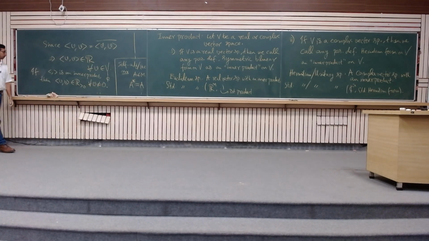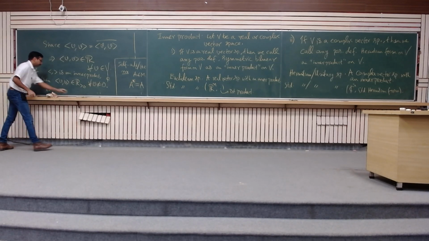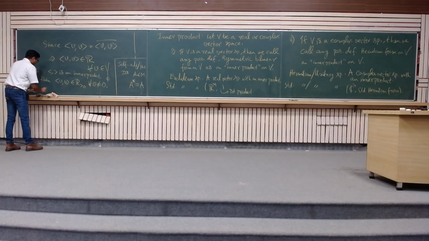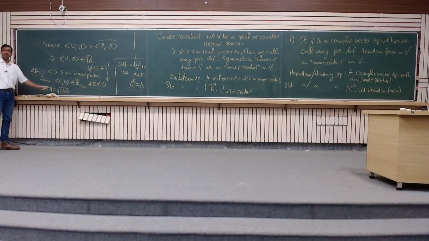So we may define the norm of V as the square root of this. Now the question becomes: why square root, why not cube root or nth root? So that is a small question for you. Can you please explain why we take the square root here and not any other root?